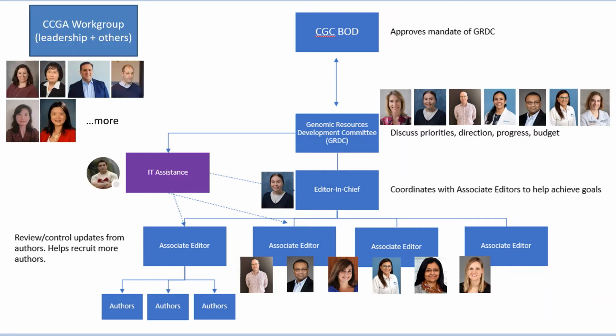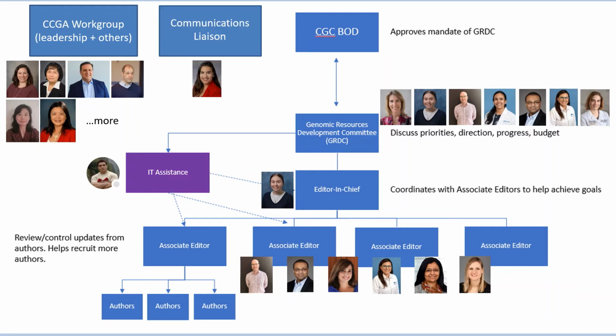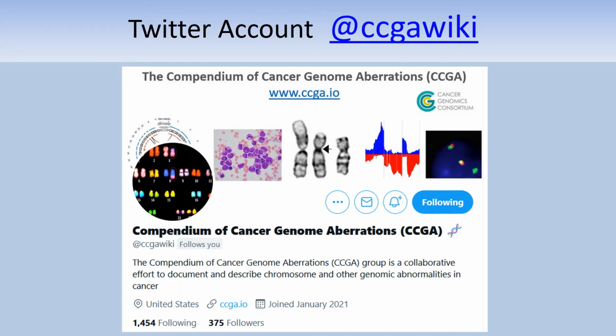Separately, we have a CCGA work group that includes this leadership as well as others involved in the effort, such as working on data visualizations. And finally, we have a communication liaison. I can attest this is a great group of people and very fun, as you can see from this final picture. We have a Twitter account thanks to our communication liaison, Marilena. Very exciting. You can find it at CCGA Wiki, and we already have 375 followers.